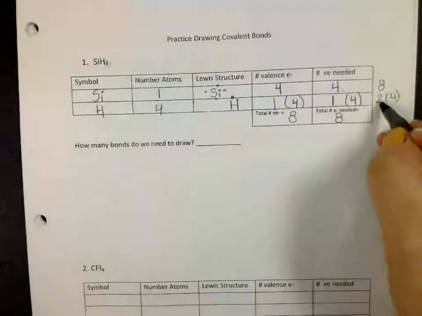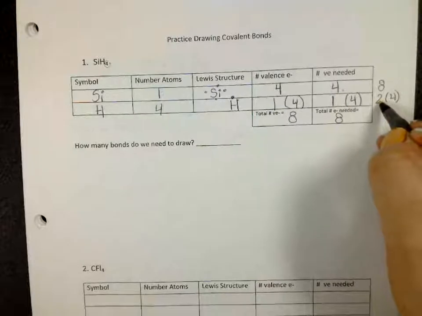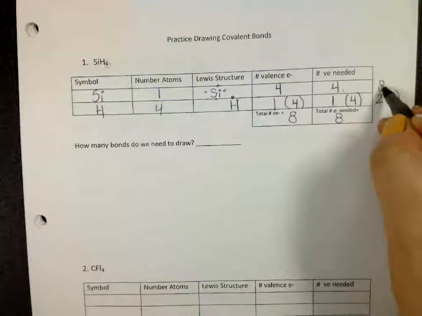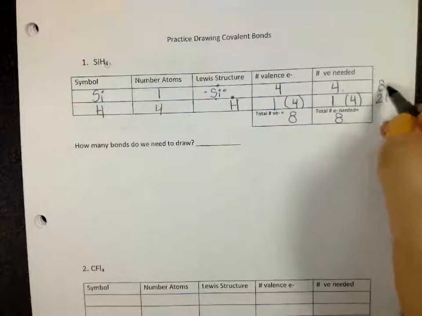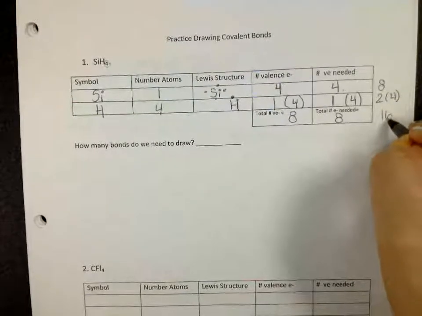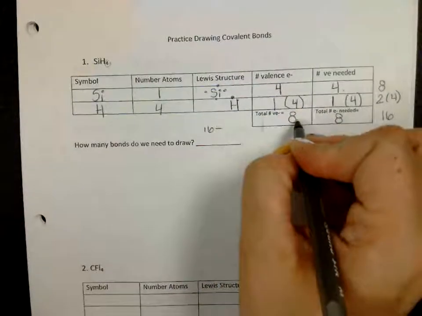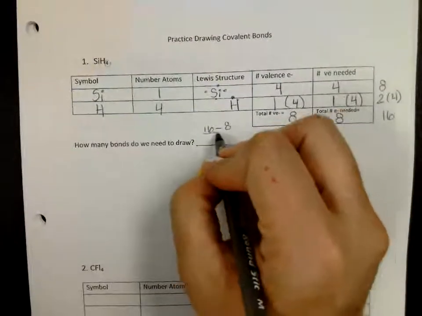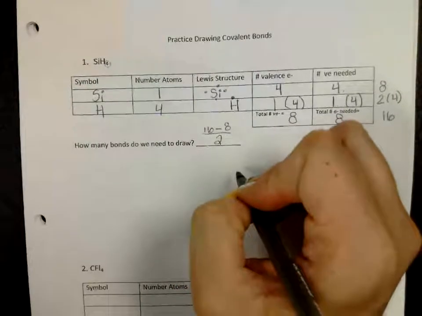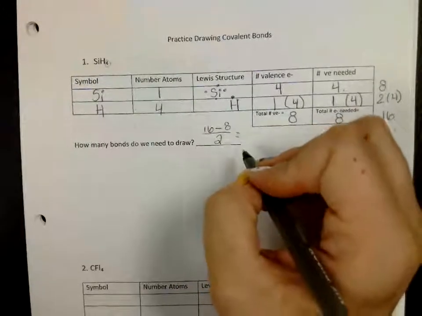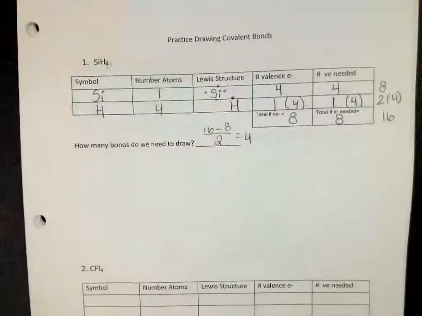So 4 times 2 is 8, plus 8 is 16. So 16 minus, we have 8 already, divided by 2 is 4.